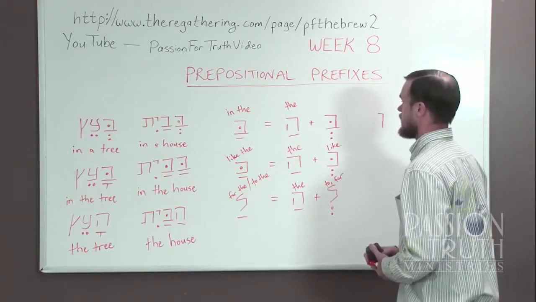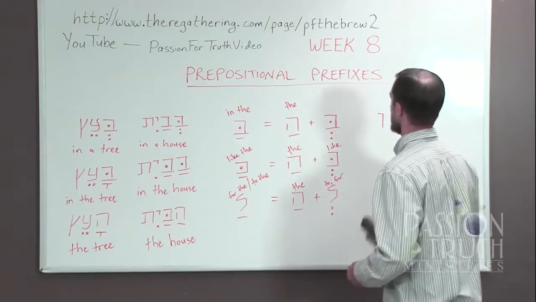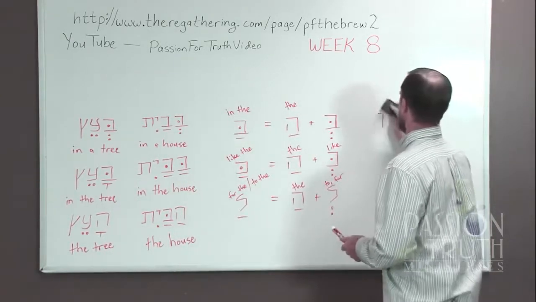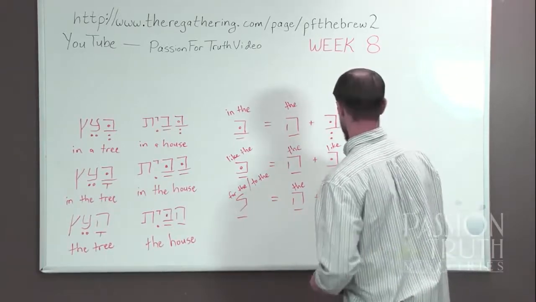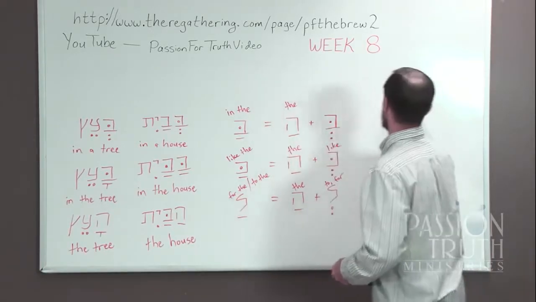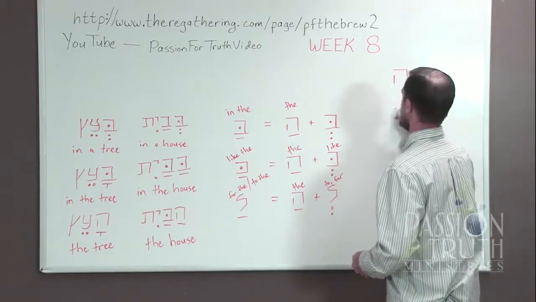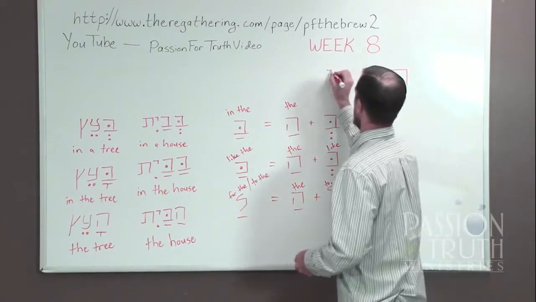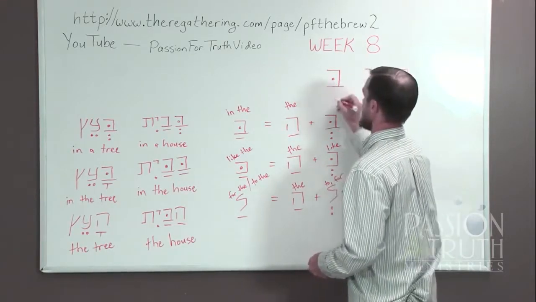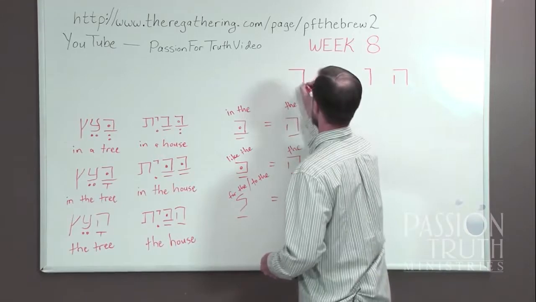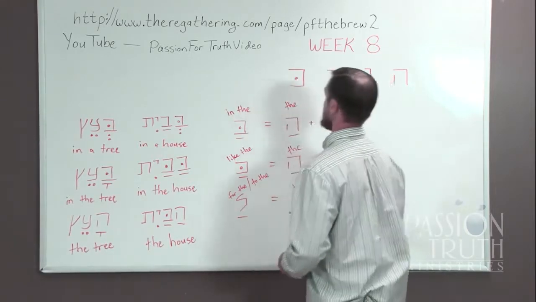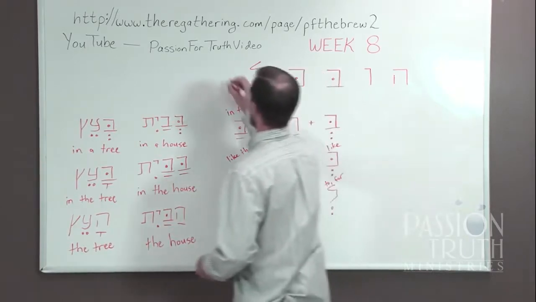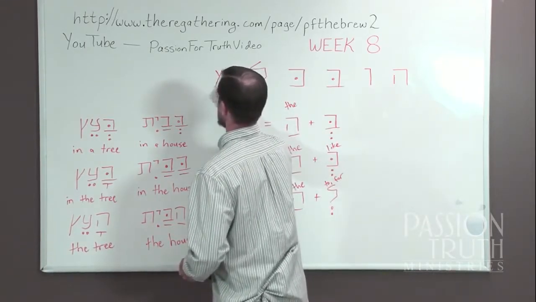So that leaves us with six prefixes. Okay, he being the definite article, vav being and, beit being in or with, kaf meaning like, lamed meaning to or for, and the mem meaning from.